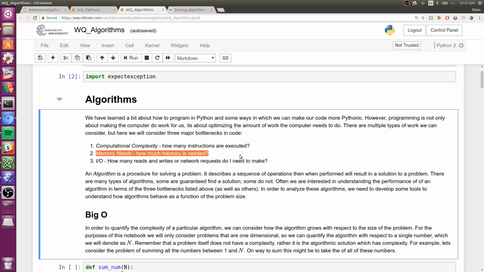We'll also consider how much memory we need. How many bits of information do we need to store in order to complete a task?